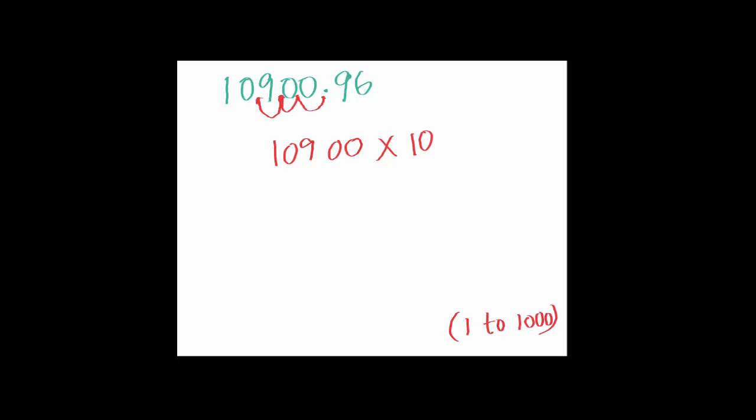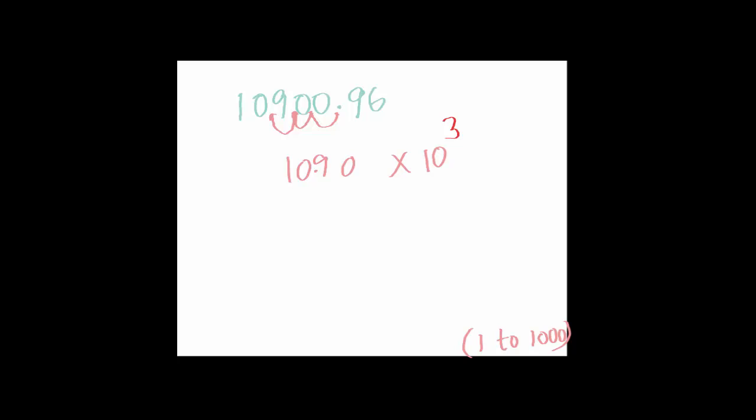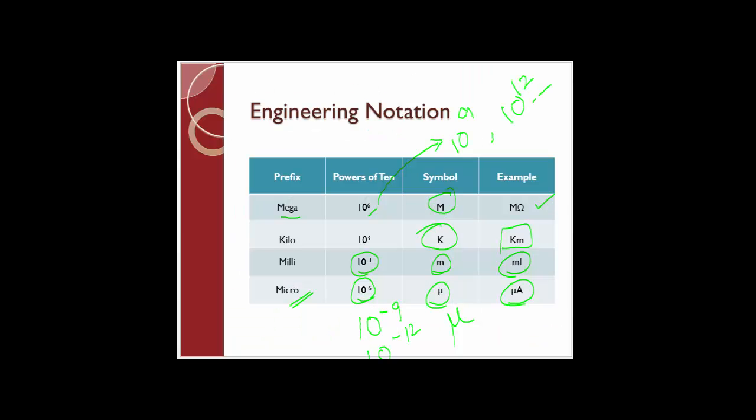So the number will become 10.90 times 10 power, because you move left means up by 3.